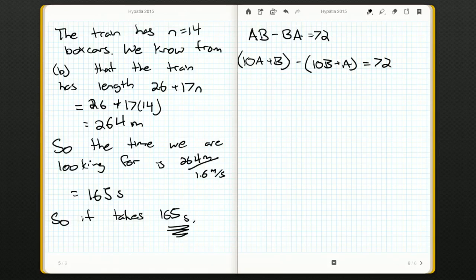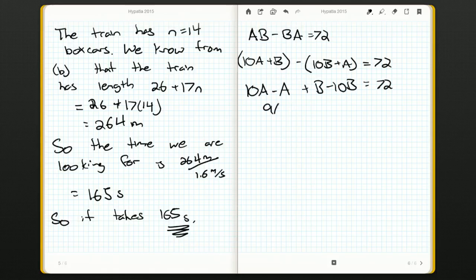So we could rearrange these. We could group these as 10A minus B and B minus A, certainly. Or we could group our A's together and our B's together, and I think that might be the best way to do this. So 10A minus A plus B minus 10B is equal to 72.